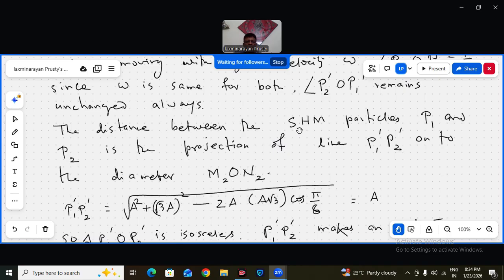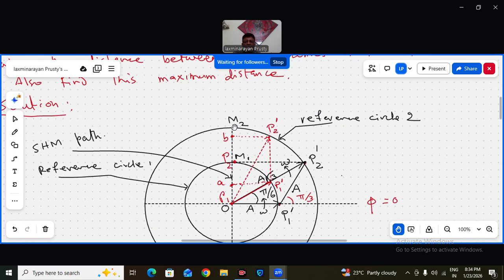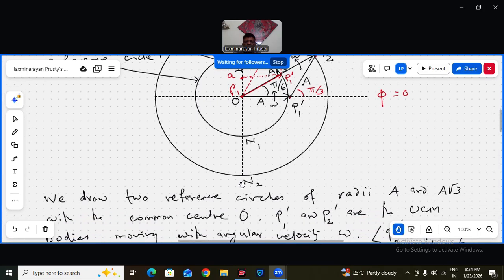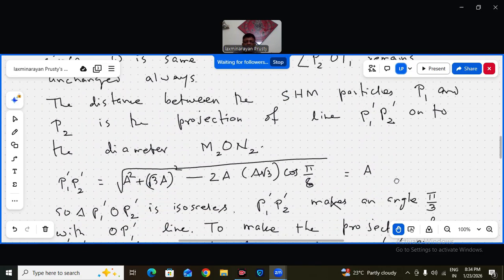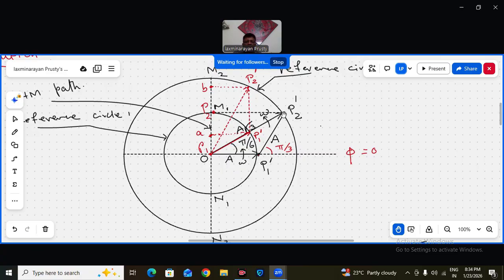So the distance between the SHM particles P1 and P2 is the projection of P1 dash P2 dash onto the diameter. Which is the diameter? Let me write the bigger letters: M2 O N2, M1 O N1 also diameter, that is the smaller circle. So what is the length of this P1 dash P2 dash?